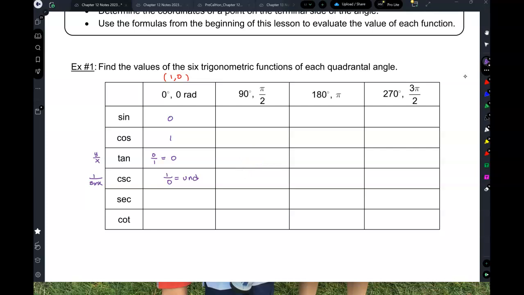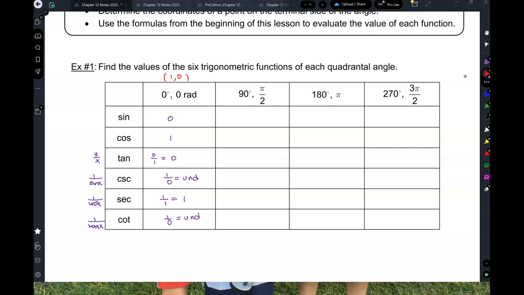So remember, in math, whenever the denominator is 0, it's undefined. Okay? So secant is 1 over cosine of x. Cosine is 1, so 1 over 1 is 1. Cotangent is 1 over tangent of x. 1 over 0, how much is that? Undefined.